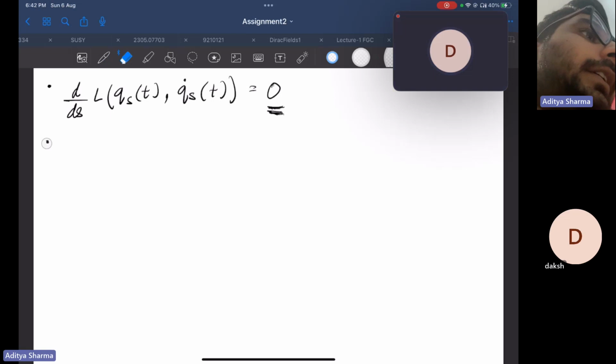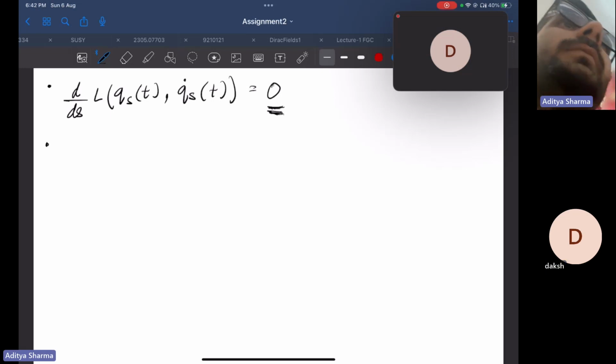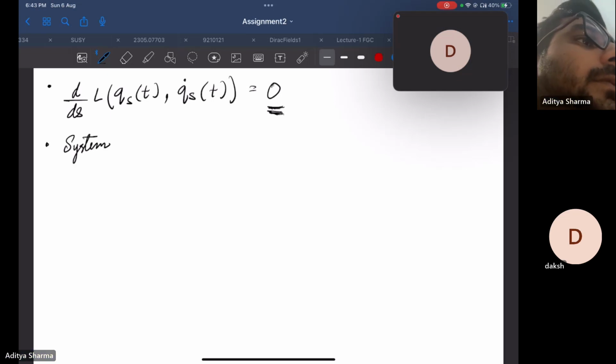Yeah, correct. So what is the statement of symmetry? Like, what is the statement of Noether's theorem? It says that any continuous symmetry of the system will admit some conserved quantity or vice versa. When we say system, the defining property is the action.